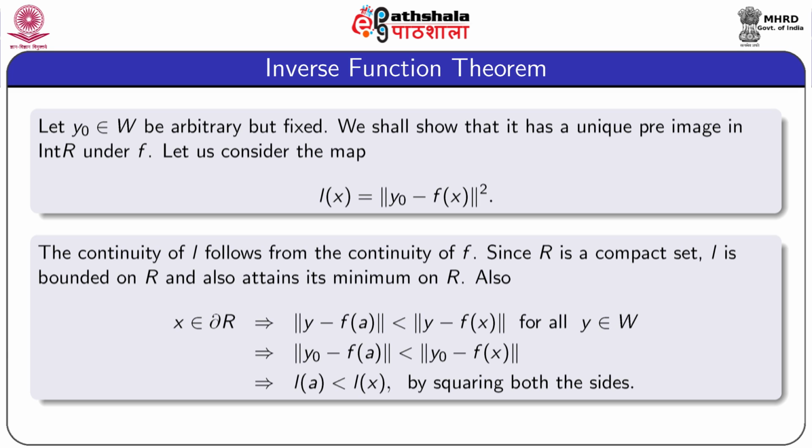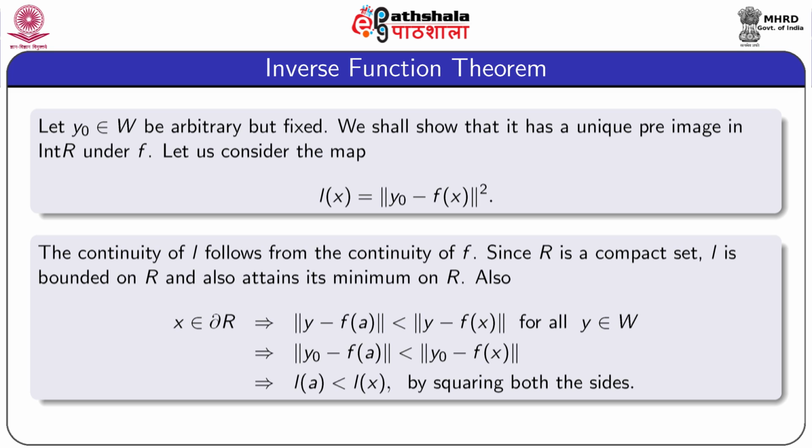Let y0 be an arbitrary but fixed point from the set W. We shall now show that it has a unique pre-image in the interior of R corresponding to the map f. Let us consider the map small l given by l(x) equal to the norm of y0 minus f(x) squared. The continuity of l follows from the continuity of f.